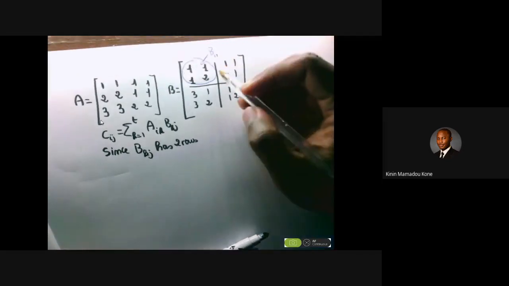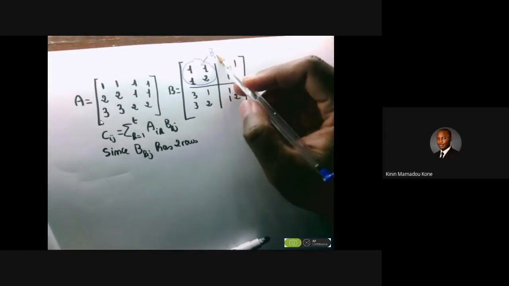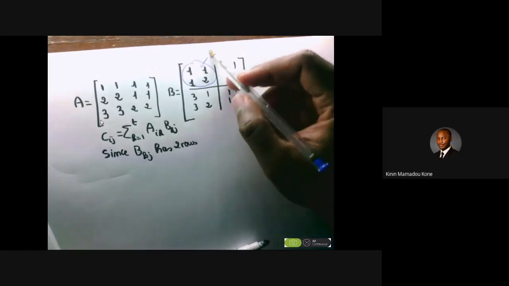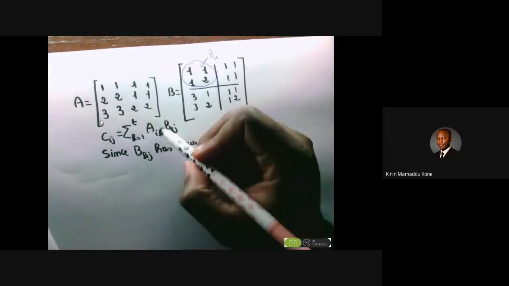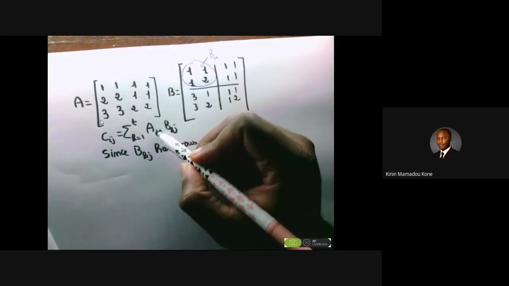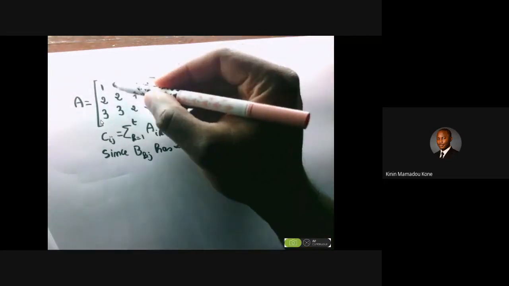B k here is going to be 1, 1. So this entry, this matrix, has two rows, right? That means my A sub ik should also have two columns. I need to break it down so that I have two columns.